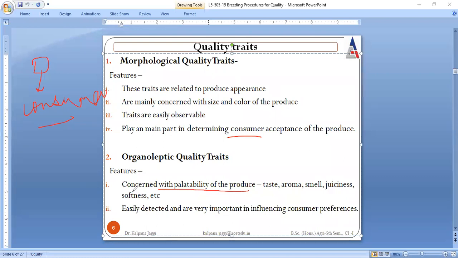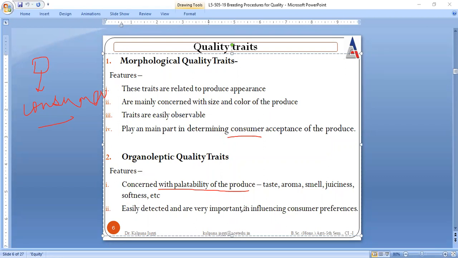You must have seen that when you go to purchase fruits, you ask shopkeepers to give you a certain part of the fruit so that you could check its taste, smell, juiciness, softness, etc. These are said to be organoleptic quality traits. And even if you have produced a very high yield, but the yield no longer has organoleptic quality traits, then again it will not be accepted by the consumer.